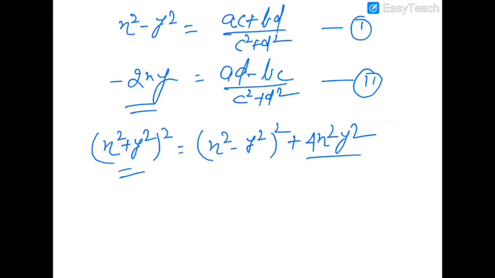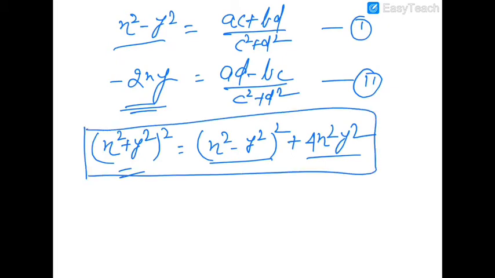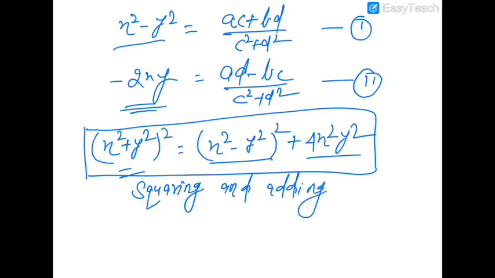For doing so, you have to square and add equation number 1 and 2. So now square and add. If we square and add, let's see how much it is coming.